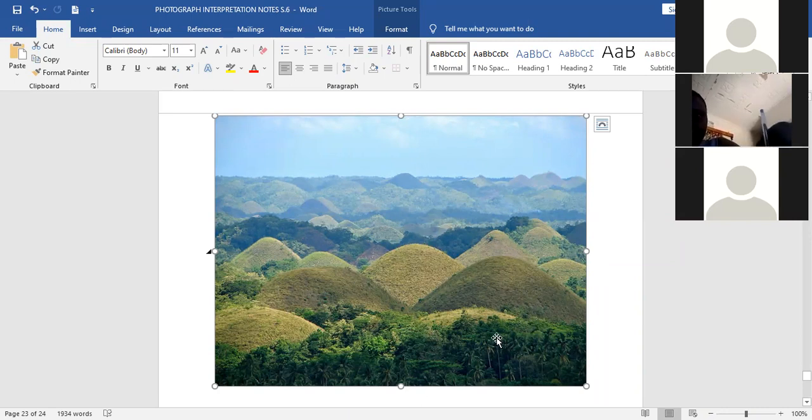Maybe even at the end, I'll give you time to ask more questions. So we have answered the second question, which is, identify the problems that are faced by people living in the area shown on the photograph.